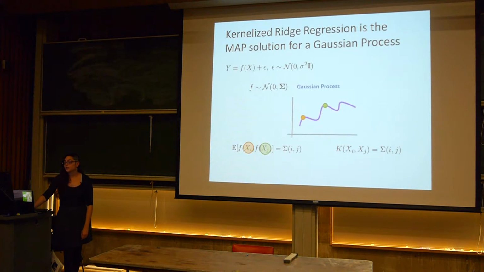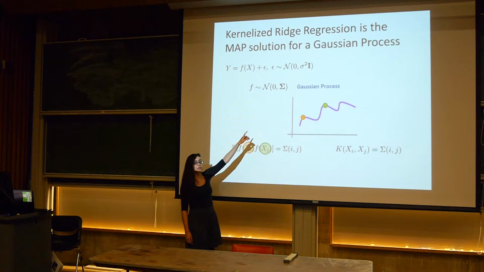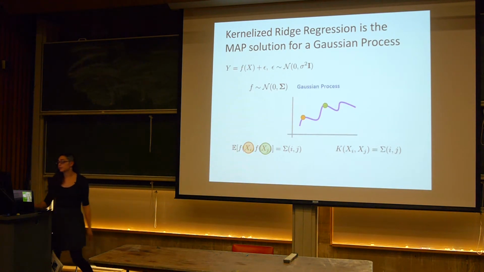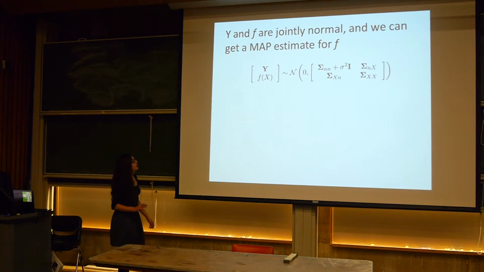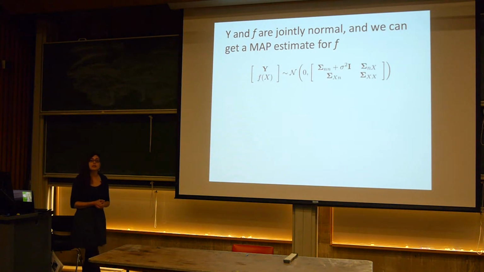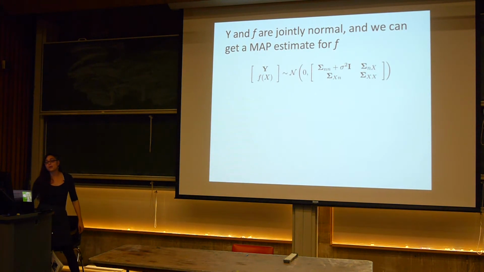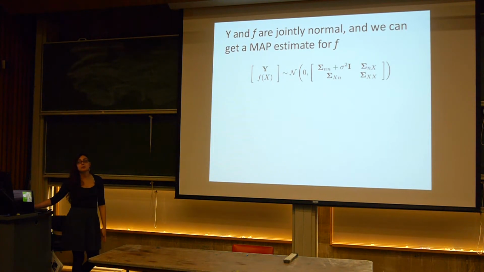OK, so our y is drawn from this kind of Gaussian, right? And so is f. F is drawn from a weird kind of Gaussian. And so together they're jointly normal. And the important result for showing that kernelized regression is the solution to a Gaussian process MAP is using our knowledge of what it means to have a conditional probability in a joint multivariate normal.